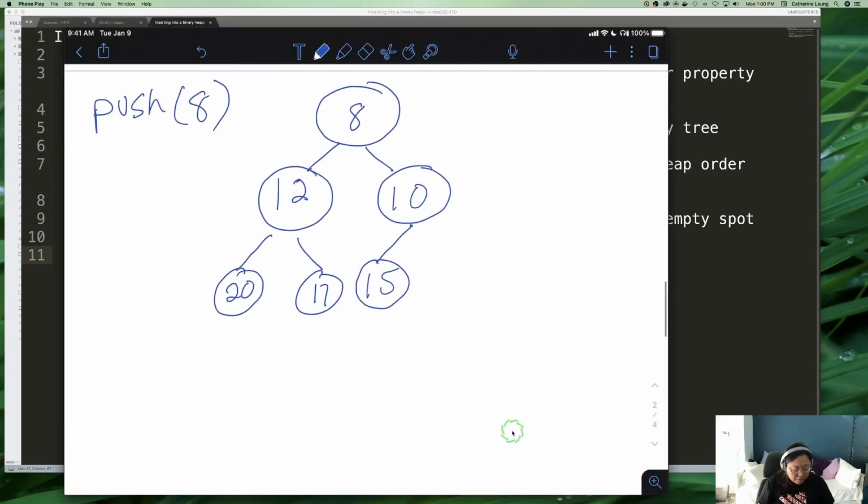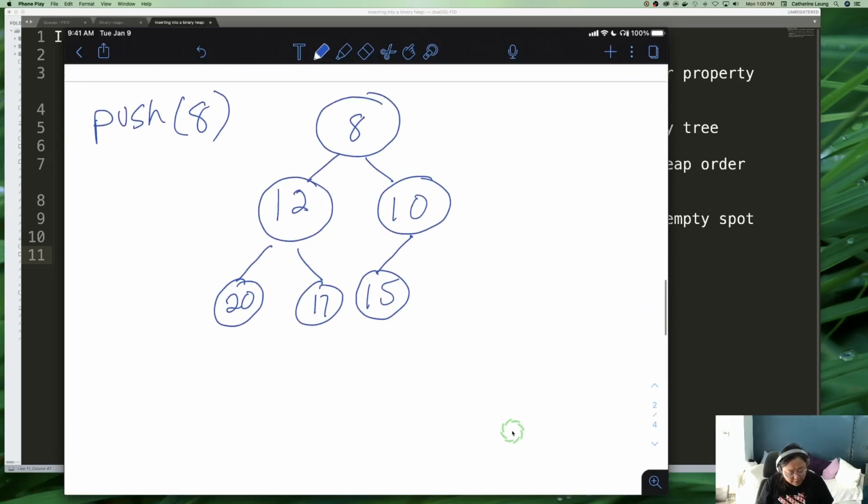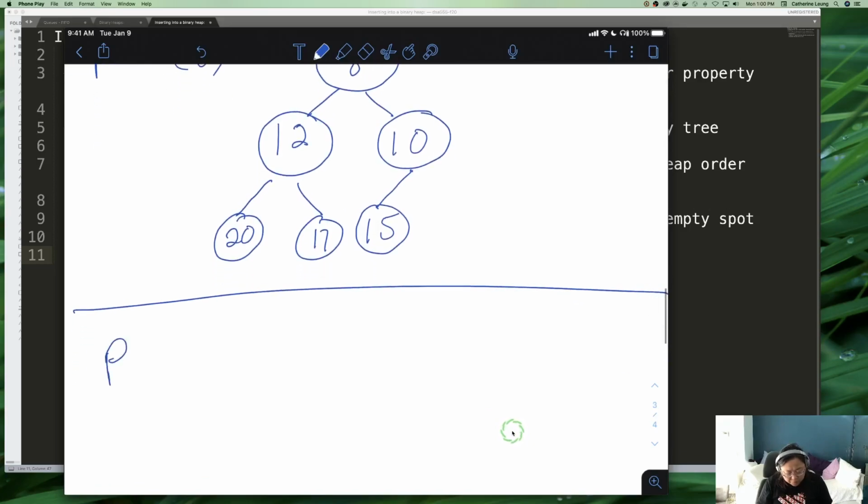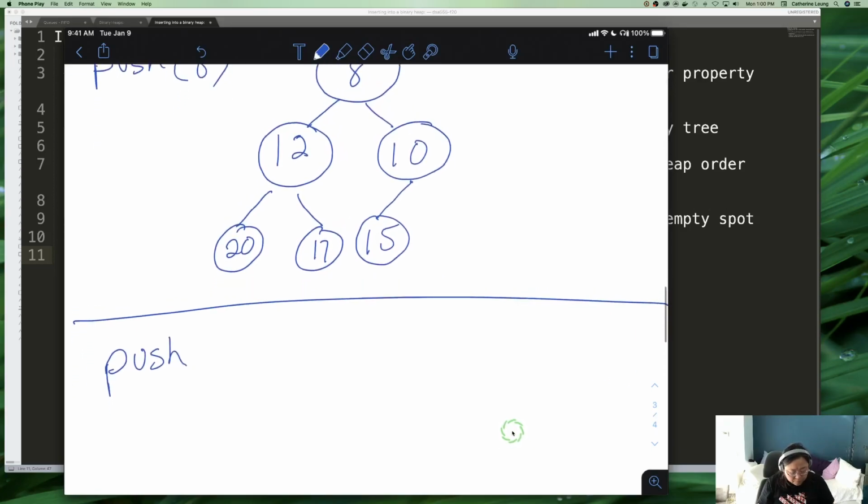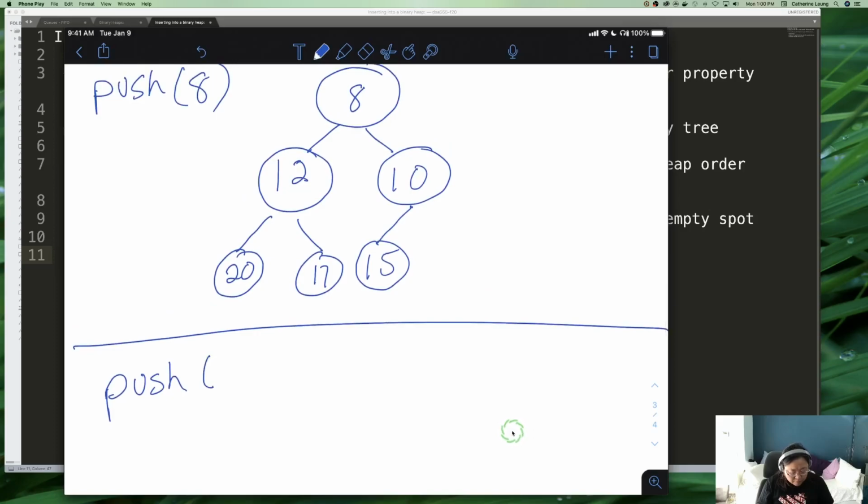What about, let's do a couple more, okay? So push, let's do 14. 14 for now.